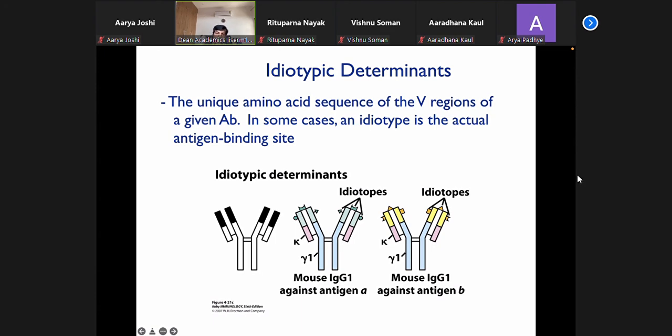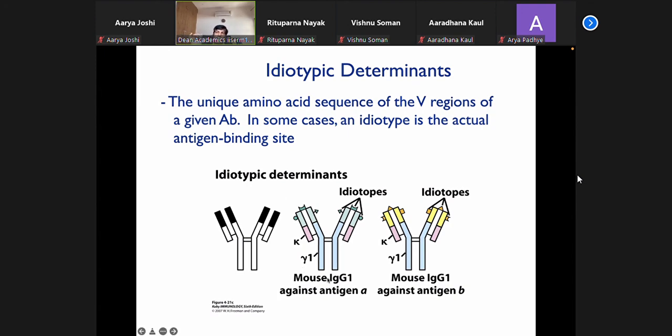The paratope can also serve as an idiotope. The paratope and idiotope can actually be the same. This is what I mean to say. For example, if you inject this antibody in a mouse, or in a human, or even within the same strain, you can still induce some level of immune reaction against the antibody.